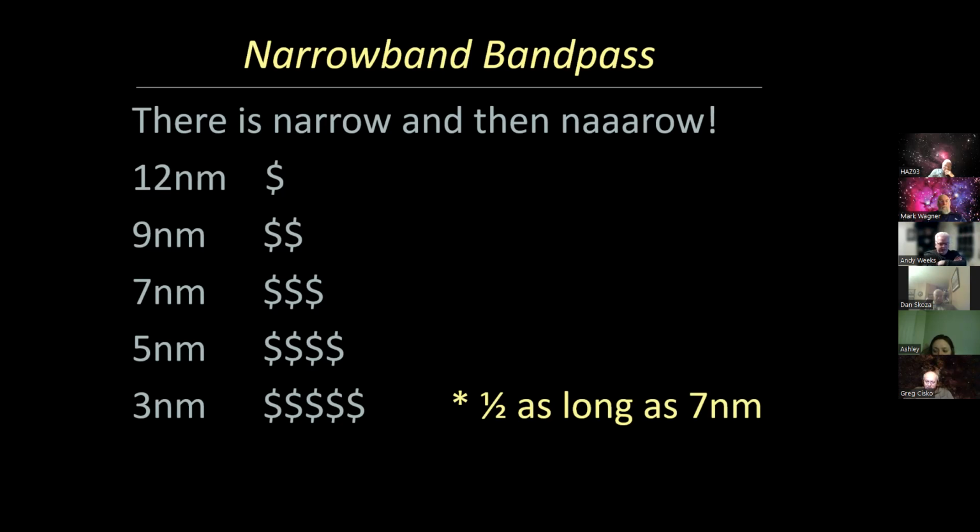And going back to the discussion that Mark brought up earlier, I found when I'm shooting mono with my 3 nanometer, especially across all three of the filters, I'm shooting half as long as I did with my 7 nanometer. So that tells me that the 3 nanometer is pulling out great detail that the 7 nanometer wasn't.